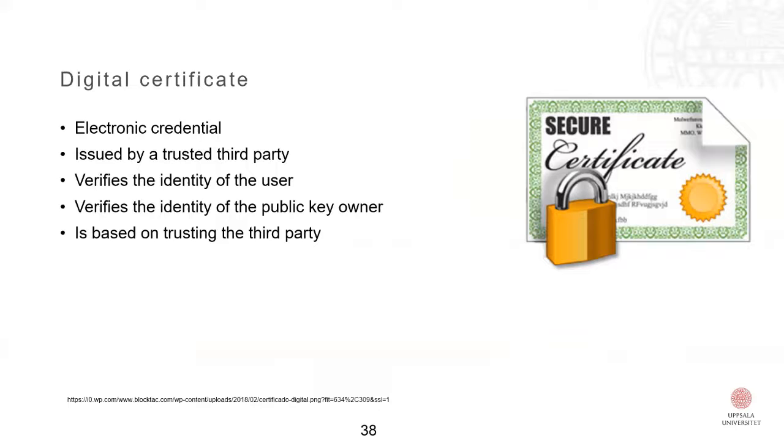And so digital signature can be produced by anyone, but digital certificates need a third party that everyone trusts and are issued only by them. And they have several purposes. They verify the identity of the user, they verify the identity of the public key owner, and it of course requires that the third party is trusted.